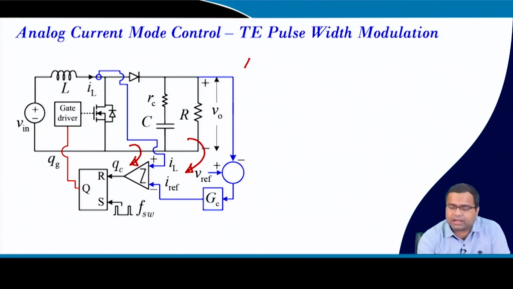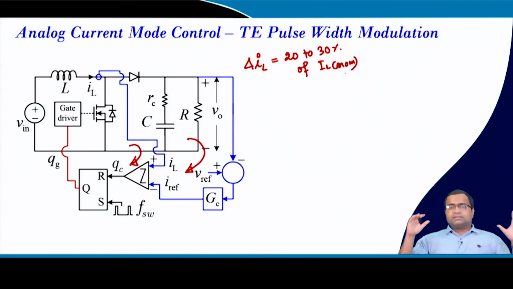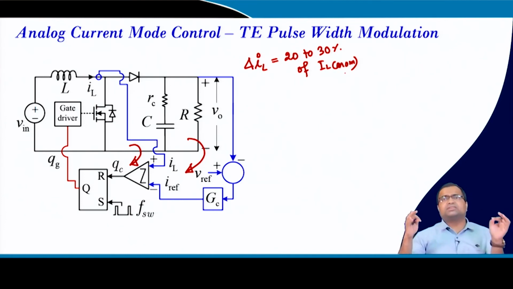As we discussed in the beginning, in our lecture number 7, the current ripple is taken to be around 20 to 30% of the IL average nominal value, and that is why it is pretty large, whereas the output voltage ripple is 2% of the nominal voltage. So, for voltage we can take one sample per cycle and it can more or less retain the information, but in current we cannot do that.